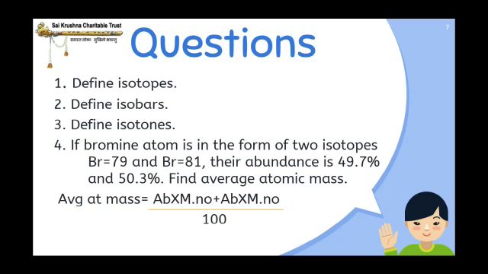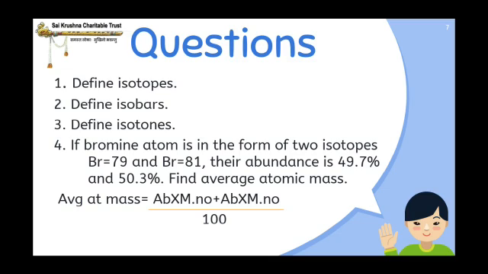Fourth, if a bromine atom is in the form of two isotopes, with mass numbers 79 and 81, and their abundance is 49.7% and 50.3%, find the average atomic mass.